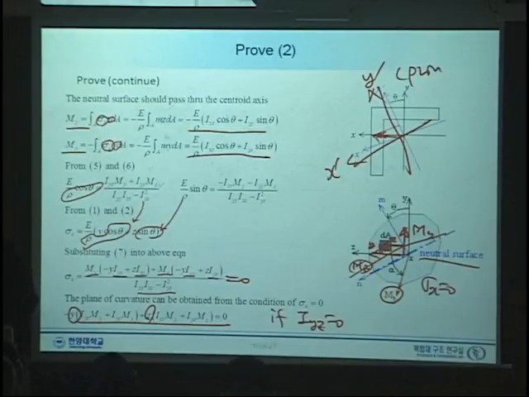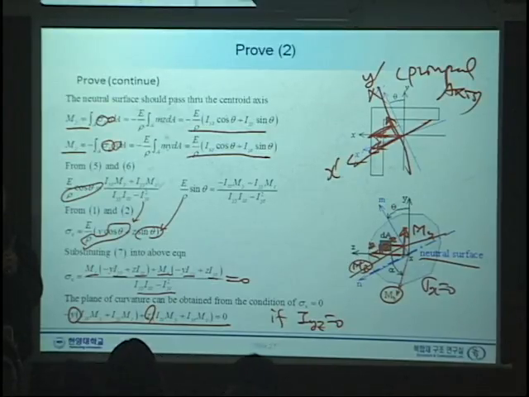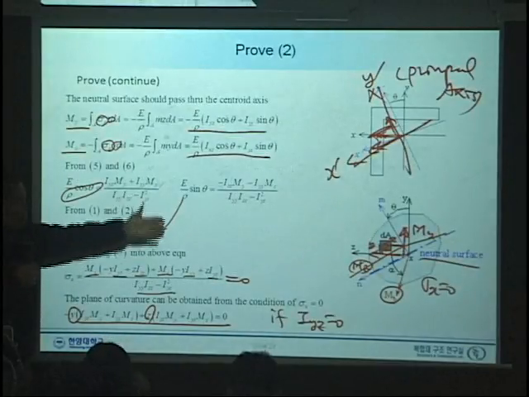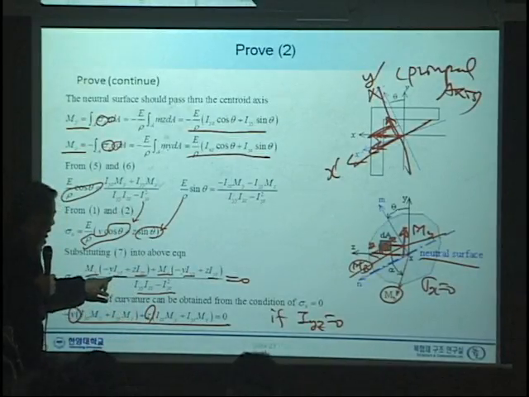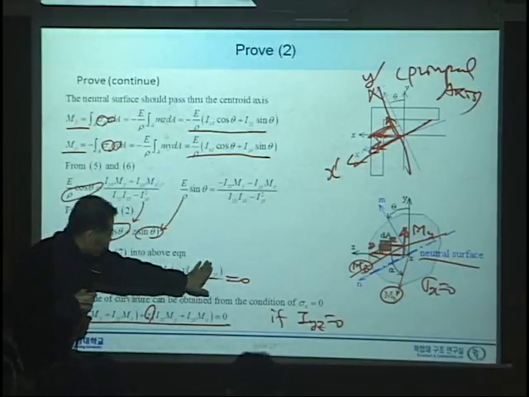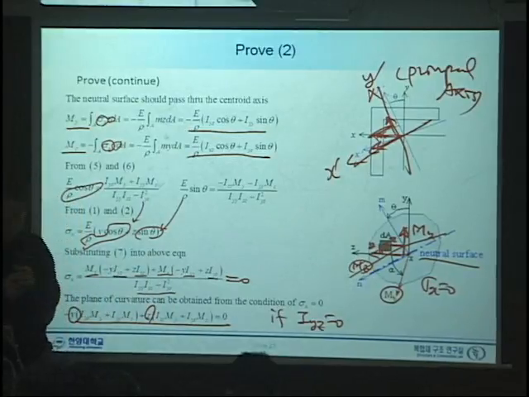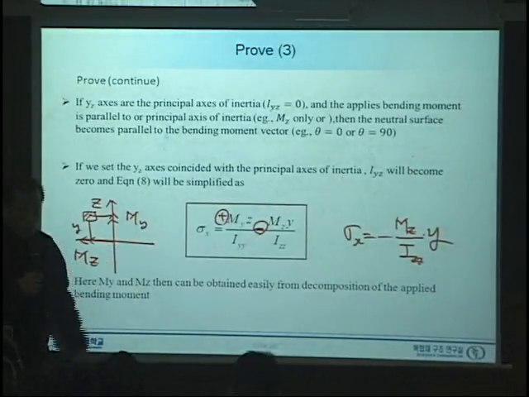This is the principal axis, and decompose this moment into the principal axis. Decompose the moment into principal axis and use this equation. Because in the principal axis, all these terms, I_yz, just disappear, and divide by, and so on, and simply you get this equation.